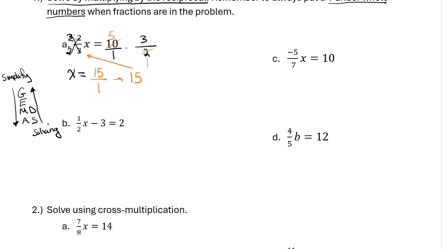So that means I need to cancel the minus first, right? Because that is the opposite of order of operations. So to cancel minus 3, I need to add 3. And what I do to one side, I do to the other. So hopefully this is sounding pretty familiar. So 1/2 x equals 5.